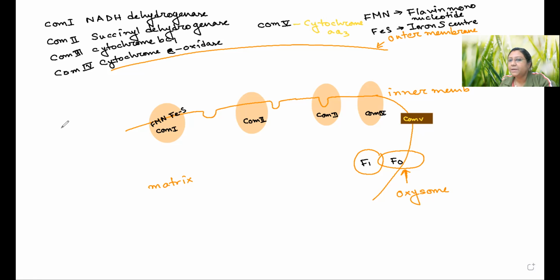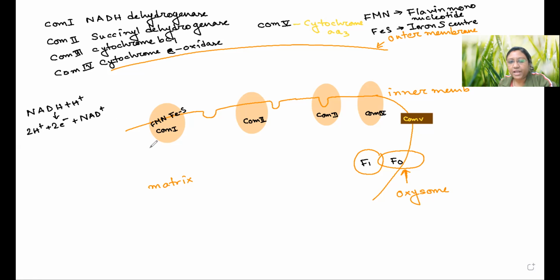If you can remember, I told you that one molecule NADH plus H plus is having 2 protons, 2 electrons and 1 NAD plus. Okay, this is already discussed in photosynthesis, and also I am discussing it here.